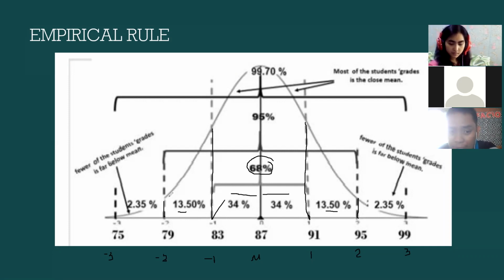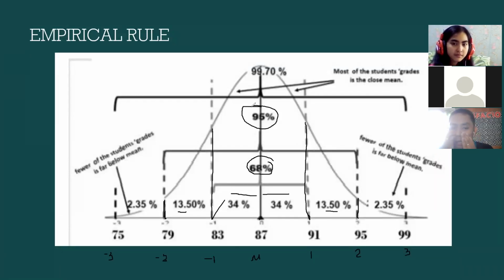Kasi 13.5 from negative 2 up to our mean is 47.5 and another 47.5 from mean to 2. So that's 47.5 plus 47.5. That's 95%. So ibig sabihin, kino-cover na niya yung 95% ng lahat ng tao mo. Okay? So malaking porsyento na yon.